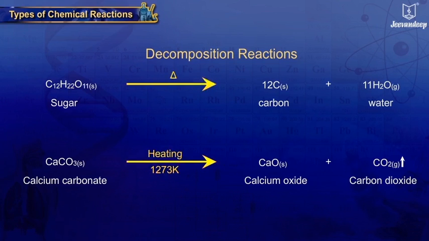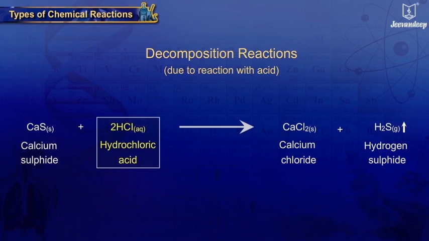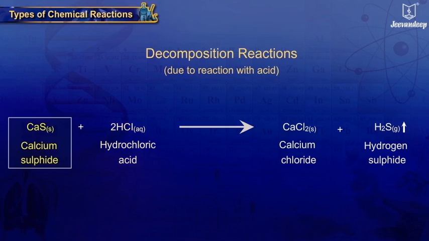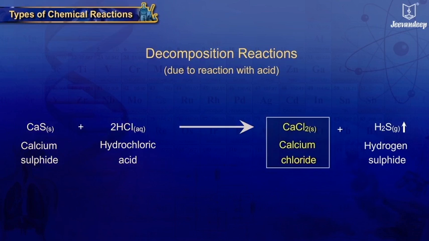As the above decomposition reactions are carried out by heating, these are also known as thermal decomposition reactions. Hydrochloric acid decomposes calcium sulfide into calcium chloride and hydrogen sulfide.